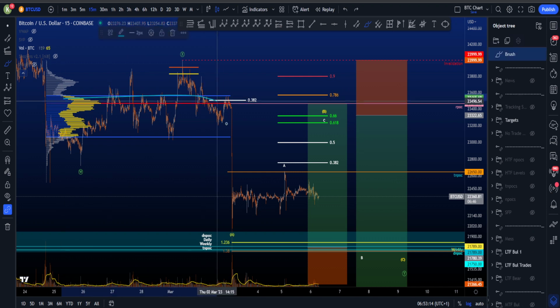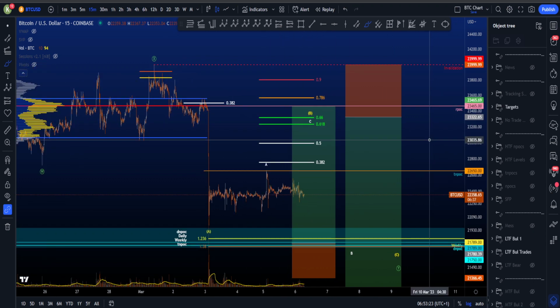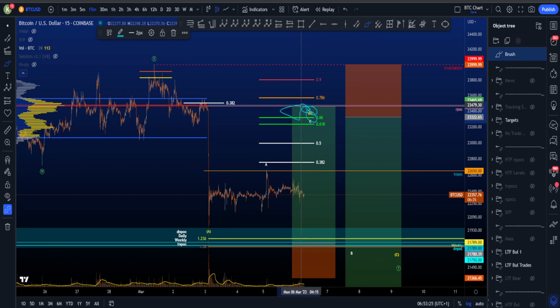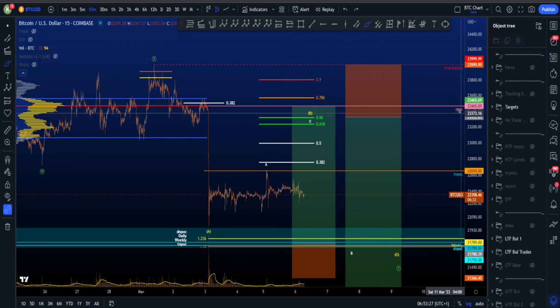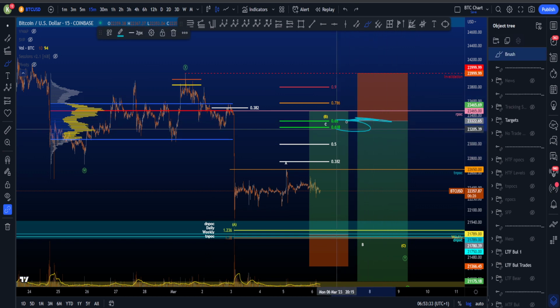But then we get into the previous range, where the previous range point of control is resting at 23,465, which is an interesting target as well. And then the high of B could be positioned somewhere over here around these levels, with then eventually looking for a C to the downside, which is the second potential trading scenario, entering somewhere over here.